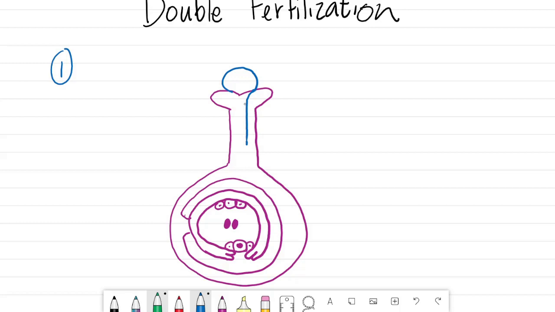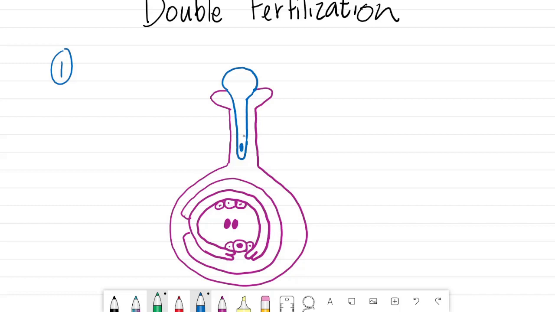When it germinates, it's basically growing a little tube, or pollen tube. Okay, so at this point, the pollen tube will grow and it will move down the style towards the ovary.